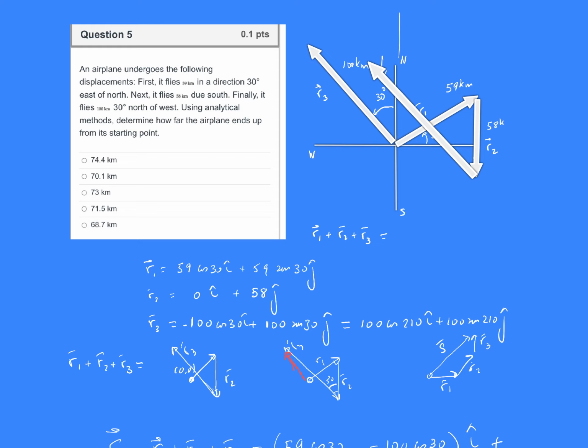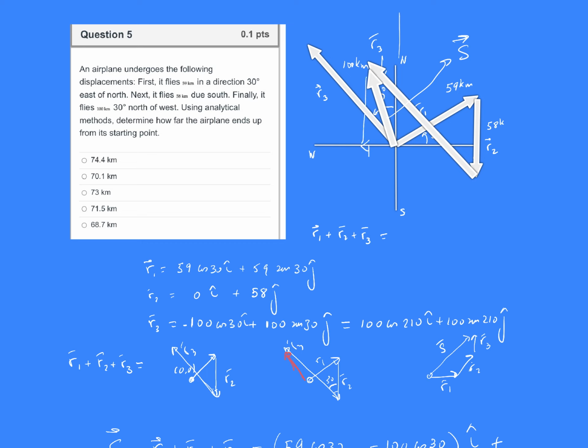Okay, so the sum, so this is R3, okay, R3 is 100 kilometers in the 30 degree direction, in this direction. Okay, so the sum should be this vector. This is the sum from the tail of the first to the head of the last one. This is the vector that is the sum. And knowing the vector that is the sum, we will know what components the sum has, what is this amount.